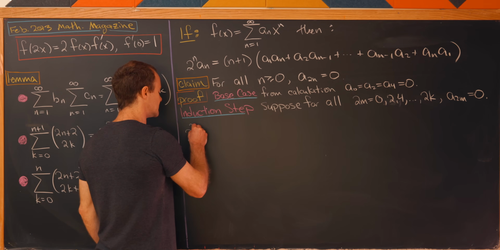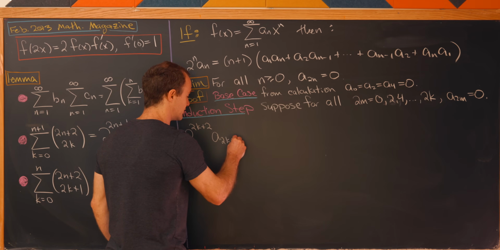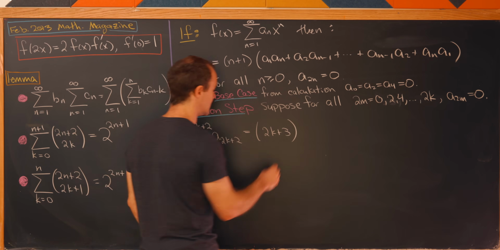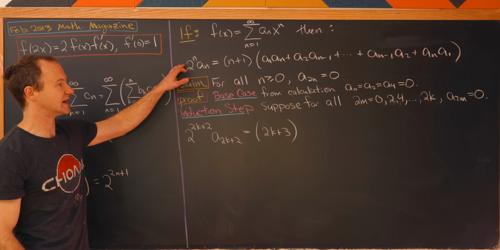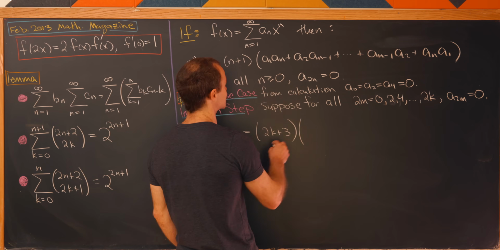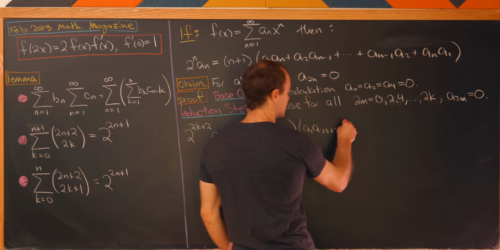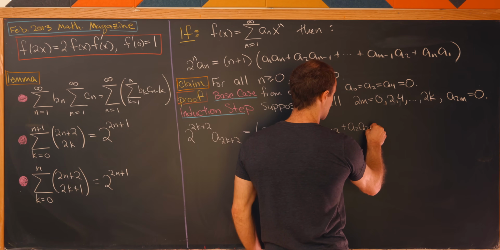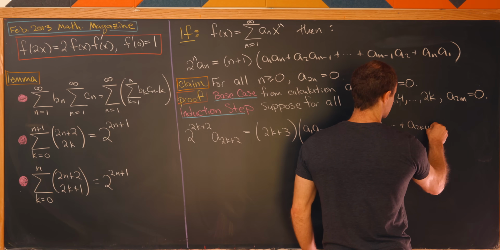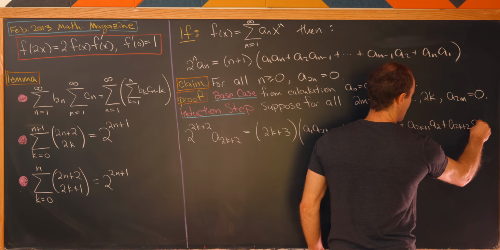So we have 2 to the power 2k+2 times A sub 2k+2 is equal to, let's see, this will be 2k+3, because we're replacing n here with 2k+2, the next even term, times A1 A(2k+2), plus A2 A(2k+1), plus everything down to A(2k+1) A2, and then plus A(2k+2) A1.